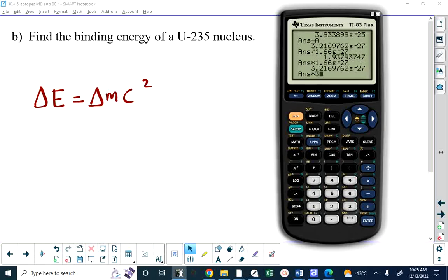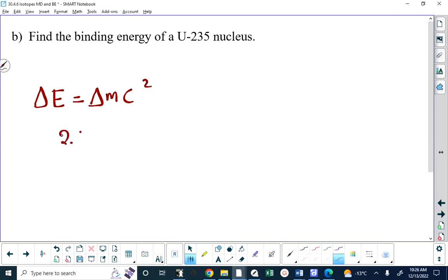I multiplied by the speed of light squared. Why the speed of light in the formula? Because that's what works. That's the way the universe is. 2.90 times 10 to the negative 10 joules.